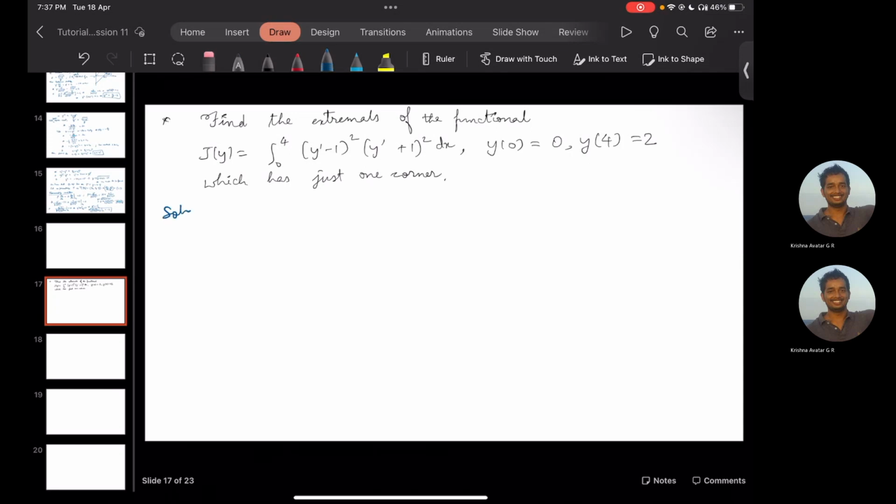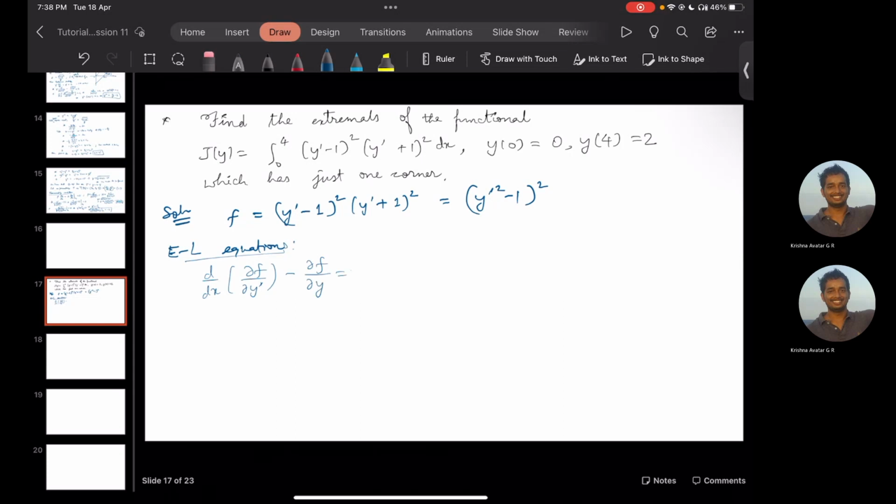Let's solve this problem. So in this case, our f is equal to y prime squared minus 1 whole squared. The EL equations in this case are: you see that f is independent of y, so del f by del y is 0.